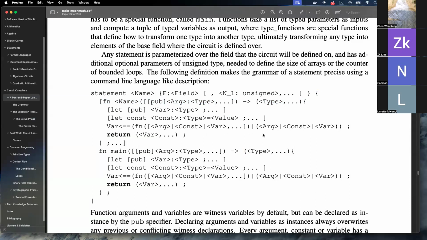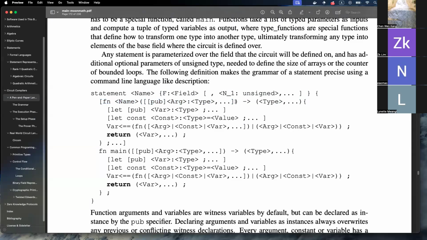Let's see. Yeah, so statement name, field. So this describes, I believe this is a declaration. Yep. And this is describing, hey, a statement can be a function as well. I think it's here.